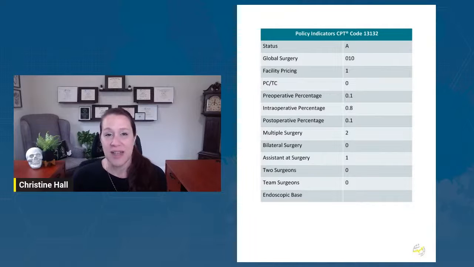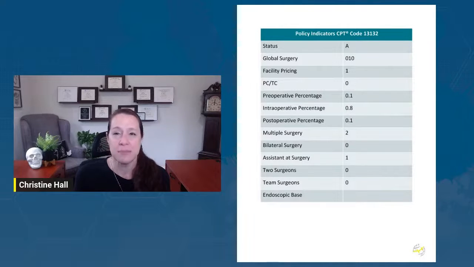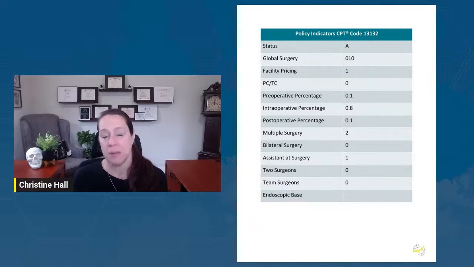Cleaning the wound, preparing to repair the wound, that's all included in that preoperative percentage. So 10% of the payment is going to go for those particular types of activities for that complex wound repair. 80% of the payment is for the actual repair, and 10% of the payment is for postoperative care.